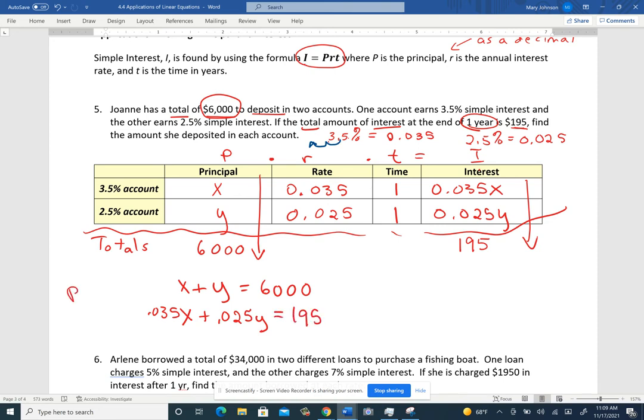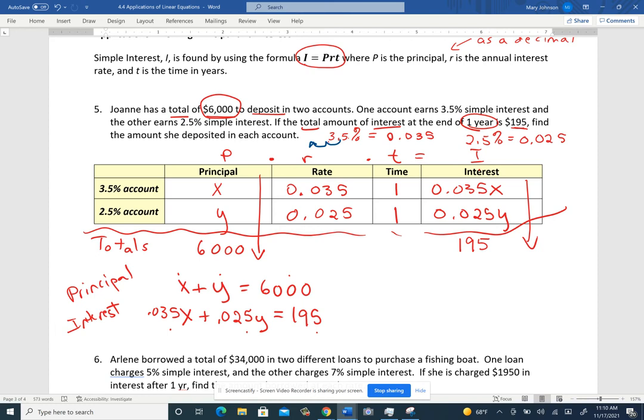So this one deals with the principal. This one deals with the interest. Interest on one, interest on the other equals total interest. Amount deposited in one, amount deposited in the other should equal the total amount deposited. Okay? And then we'll go back and solve that in a little bit.